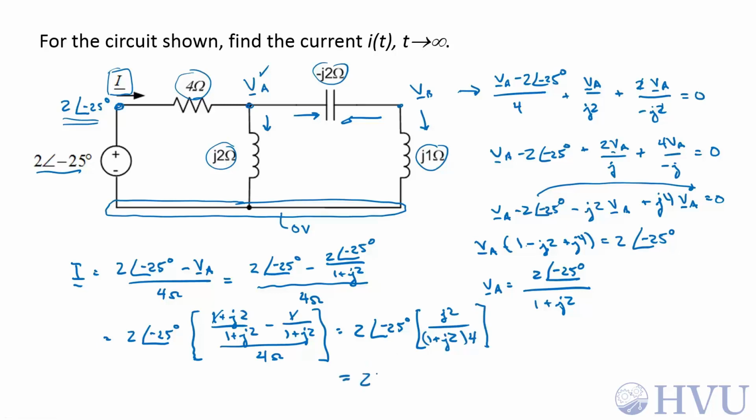Simplifying that down is 2 at an angle of minus 25 degrees over, that cancels with that, becomes a 2. So this becomes J over 2 plus J4.